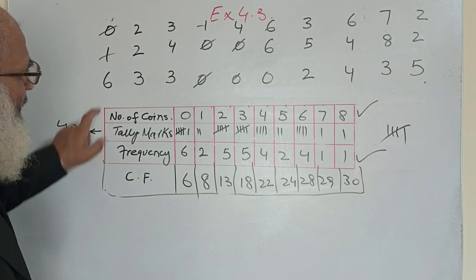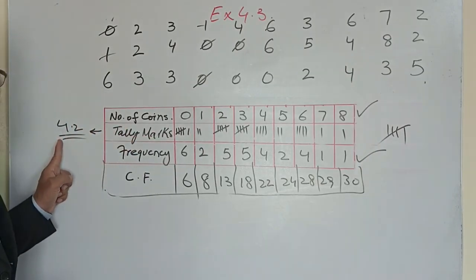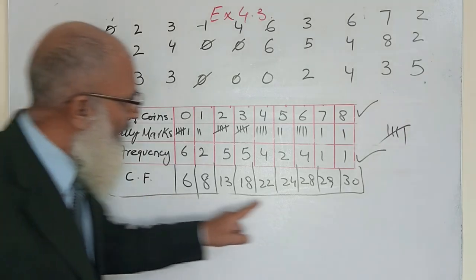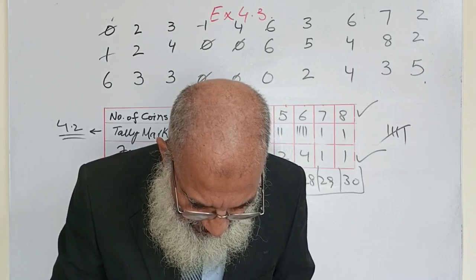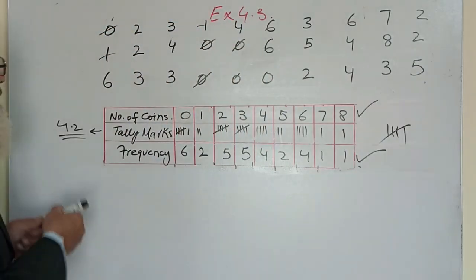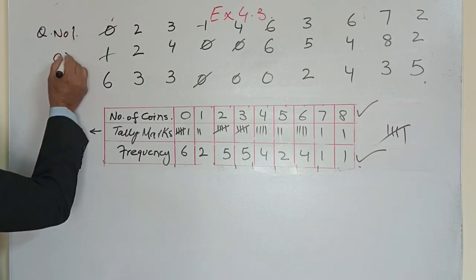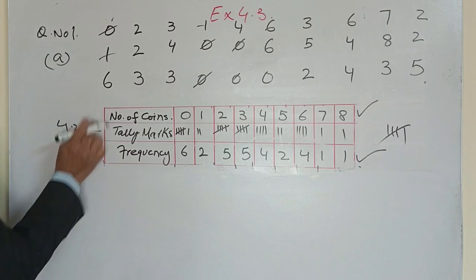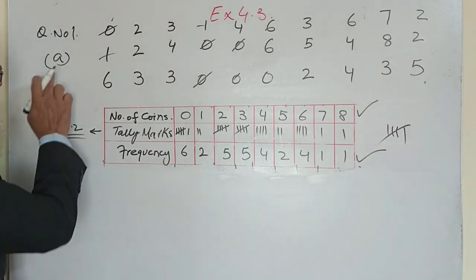Only these two things are asked. Now this relates to exercise 4.2 and this I have told you just for example. Now, part B. My dear students, this was question number 1, part A. Only these two rows, this and this.